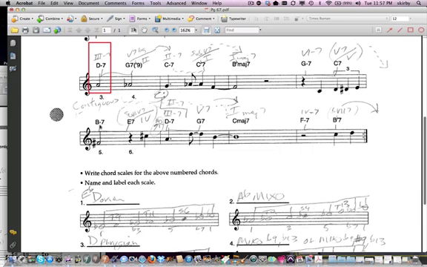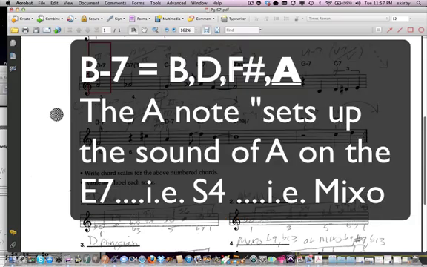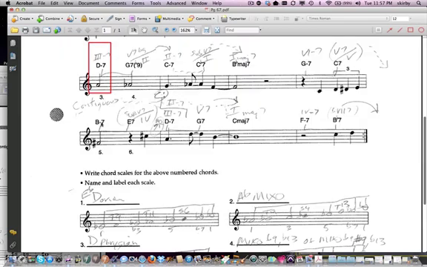So what this is doing, when you have a cycle 5 related 2 chord, you are suggesting a Mixolydian sound for the related 5 chord because of the content of this chord. So in this context, with this preceding related 2 chord, that pushes this chord in the direction of a mixo sound.